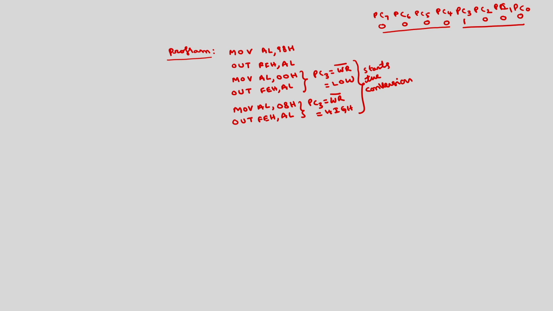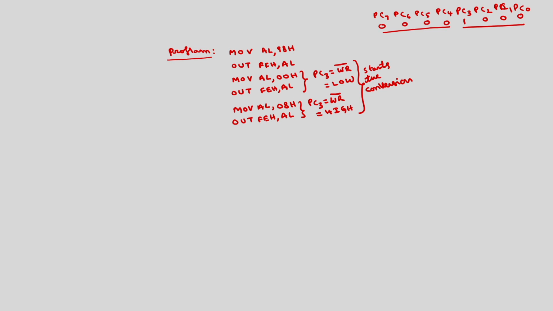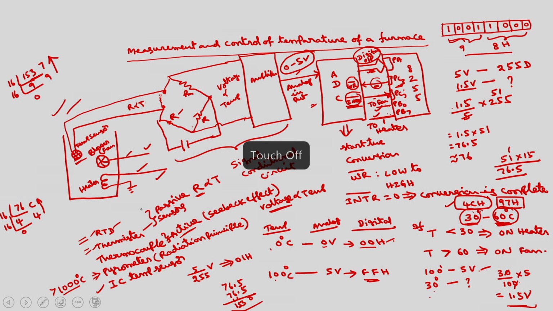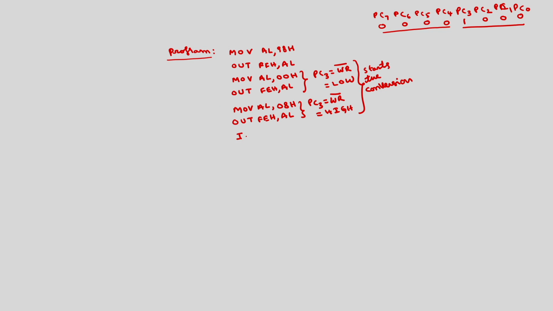Then you have to check for the end of conversion, because the microprocessor is a faster device and the A to D converter will take some time to convert. Once the conversion is over, INTR bar becomes 0. INTR bar is connected to PC7. So, you have to input from port C: IN AL, port C address FEH.